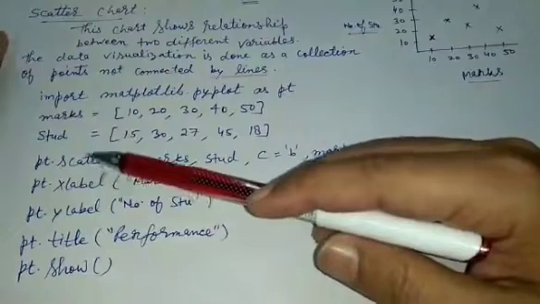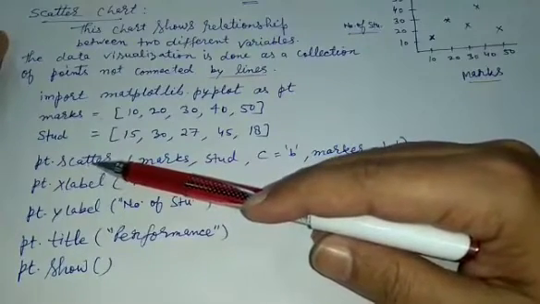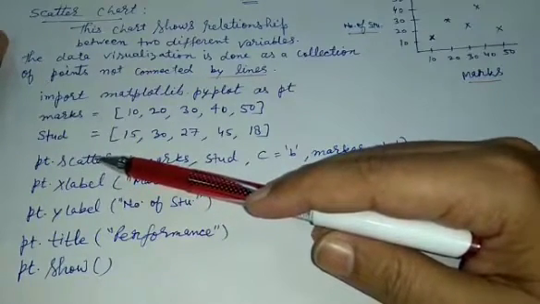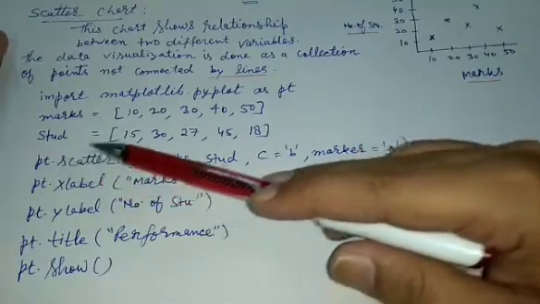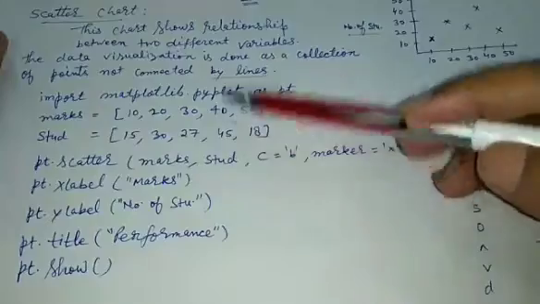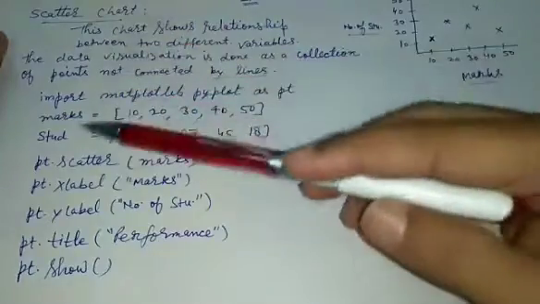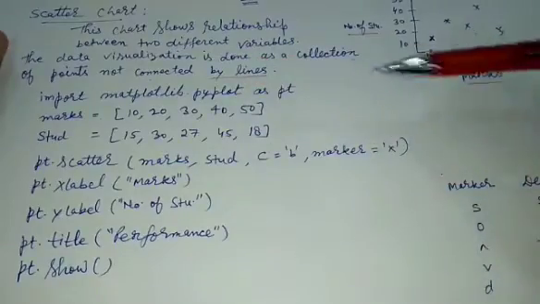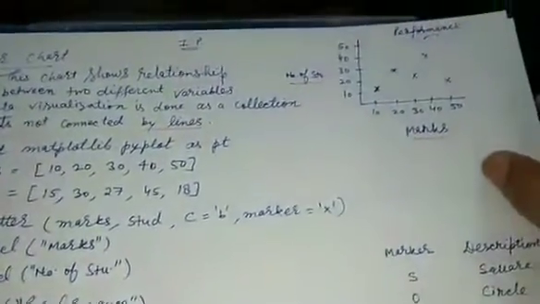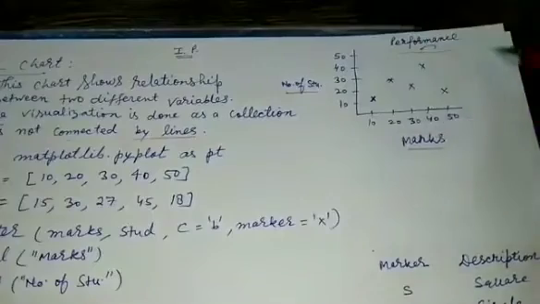So the only difference you notice is that in a line chart you write pt.plot x-axis, y-axis. To create a scatter chart you use the pt.scatter function. So the output of this should look like this.